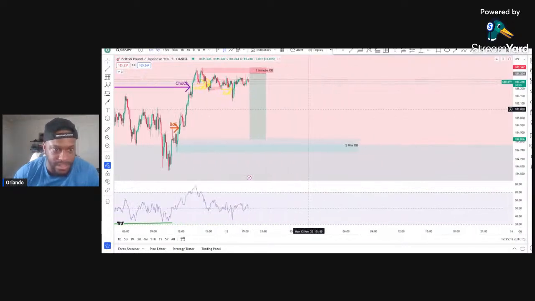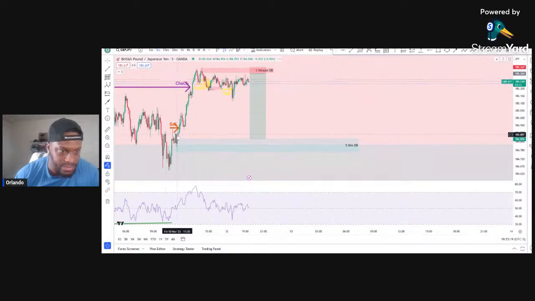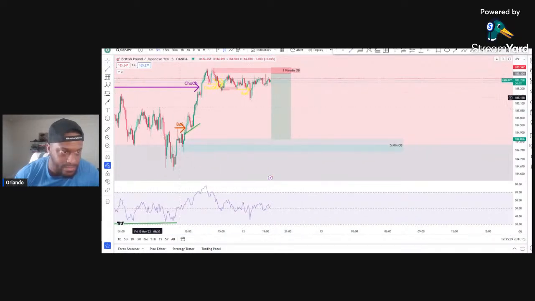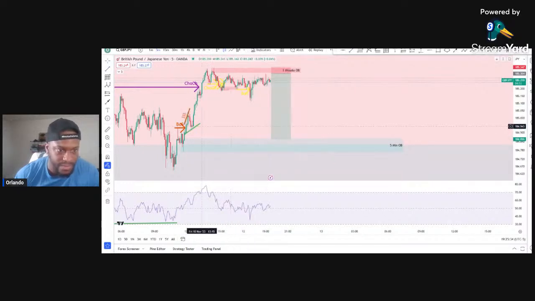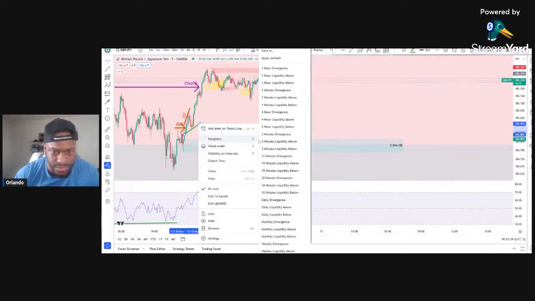Because I see this as liquidity. I see this as liquidity. So make this 5 minute liquidity above, 5 minute liquidity below.